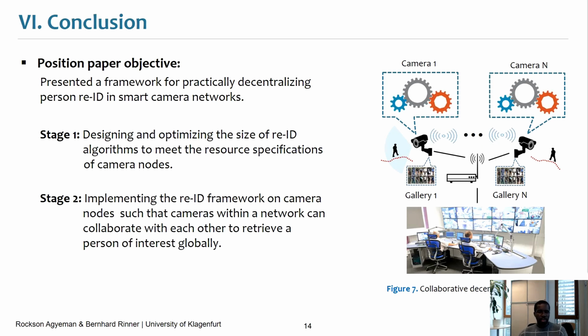This proposed framework is in 2 stages. 1, optimizing the size of re-identification algorithms to meet the resource specification of camera nodes. And 2, implementing the re-identification framework on camera nodes in a collaborative manner such that cameras within a network can collaborate with each other to retrieve a person of interest globally.